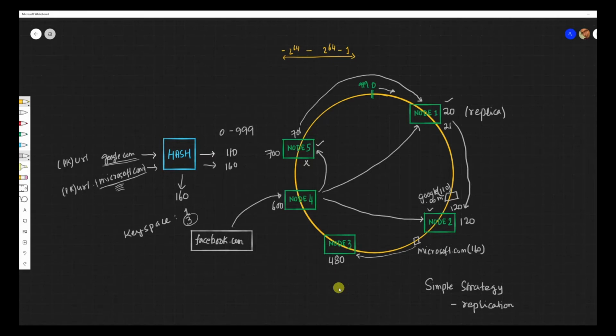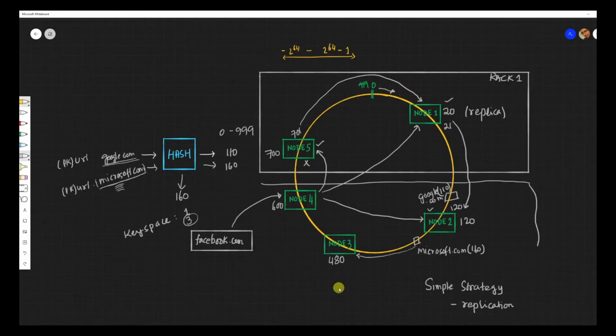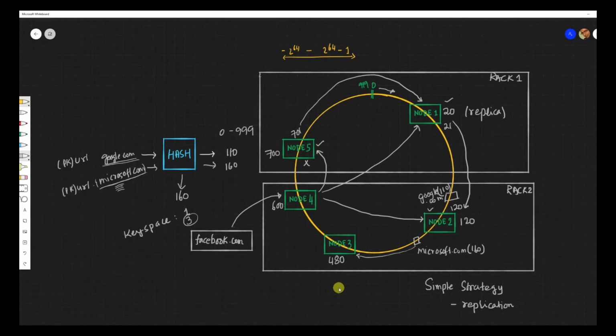Also, if you observe a few things over here, we are storing in different nodes, and these nodes can be in a single rack. So what I can do over here is specify that this is my rack 1 and this is my rack 2. Now we have an interesting thing over here.